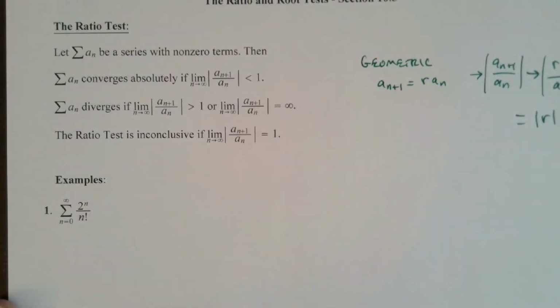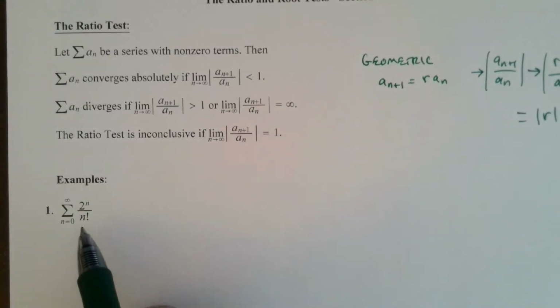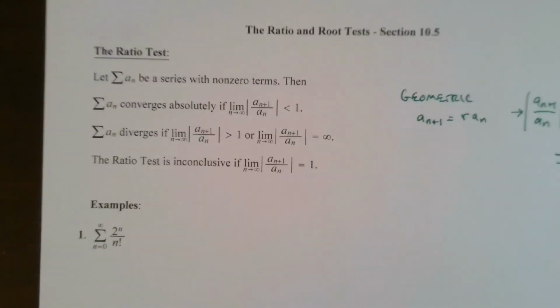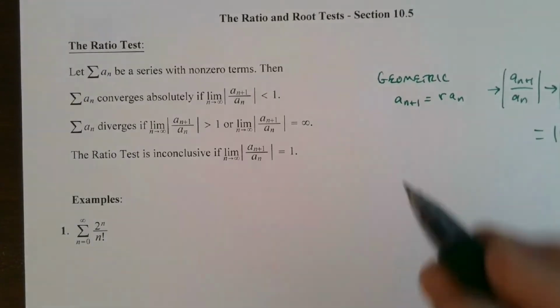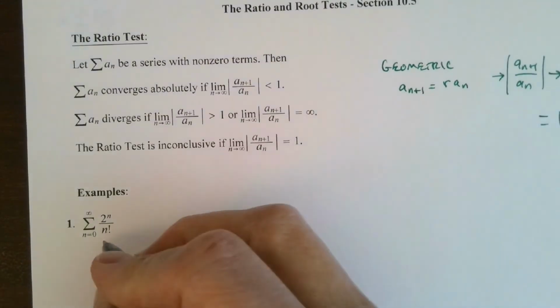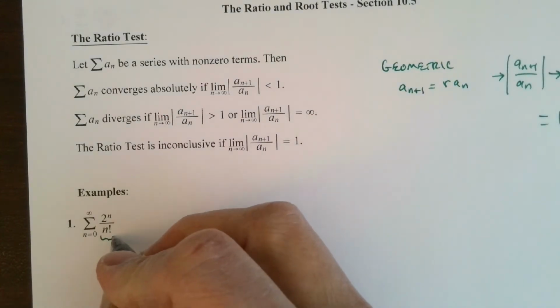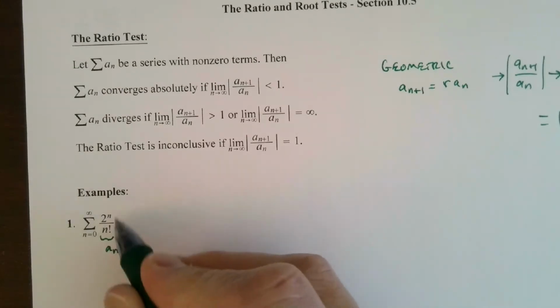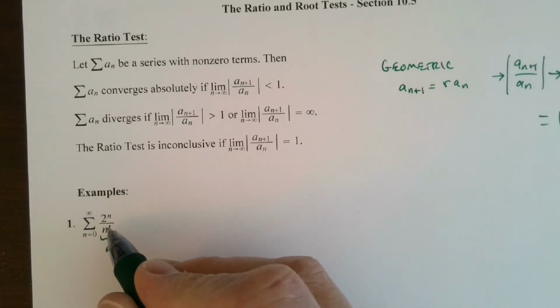So one thing you're going to see is, if you're looking at a series and there's a factorial in it, 99% of the time, you're going to want to use the ratio test. The ratio test works very nicely with factorial notation. So here, this is my a sub n, and notice for values of n equals 0 to infinity, the a sub n's are always going to be non-zero.